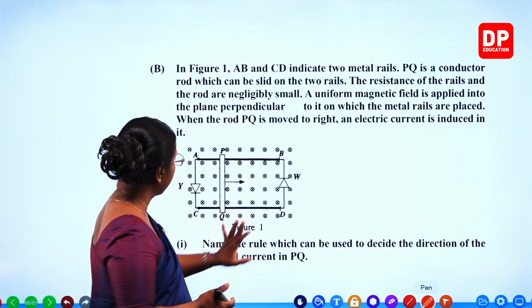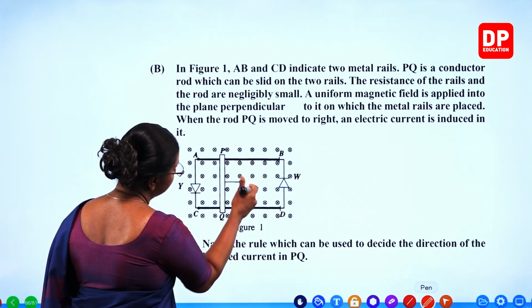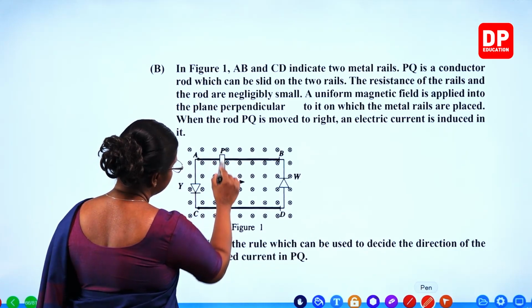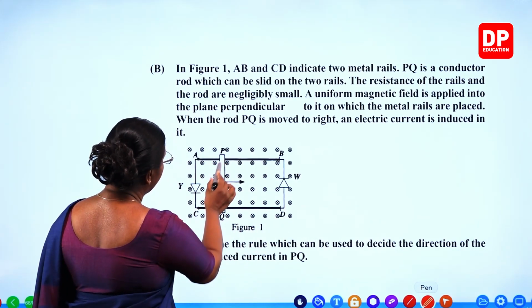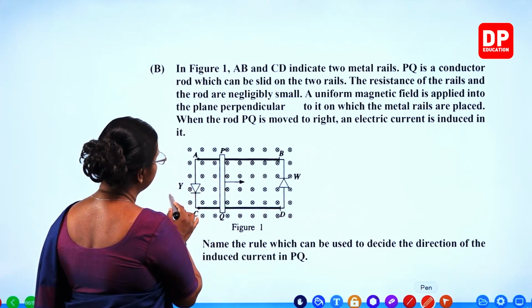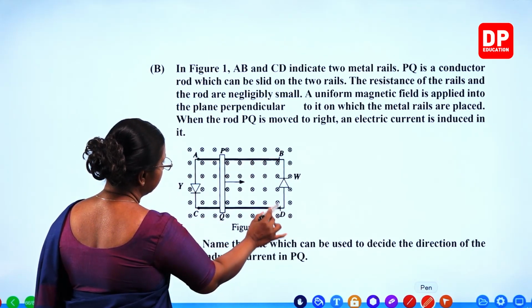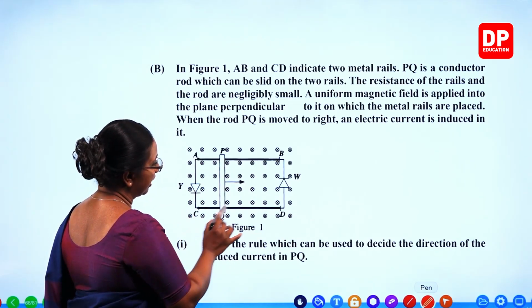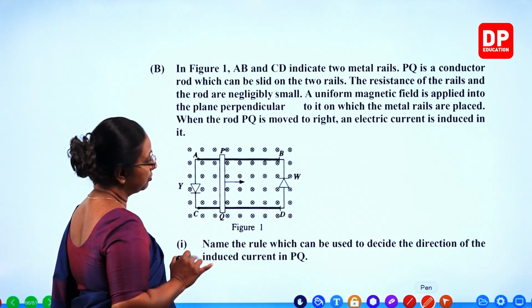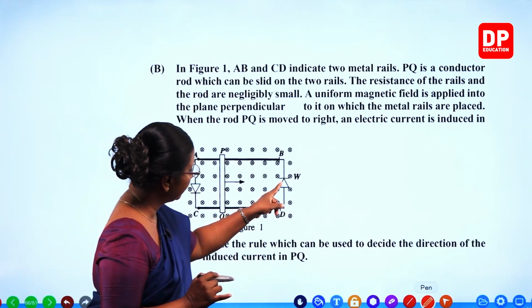Then if you look at the diagram, you can see the magnetic field is into the plane. Then there is the rod PQ. These are the rails AB and CD. And the rails are also connected. AB, then CD, they are connected by a conducting wire. And also you can see Y and W, they are diodes. You are familiar with this symbol.